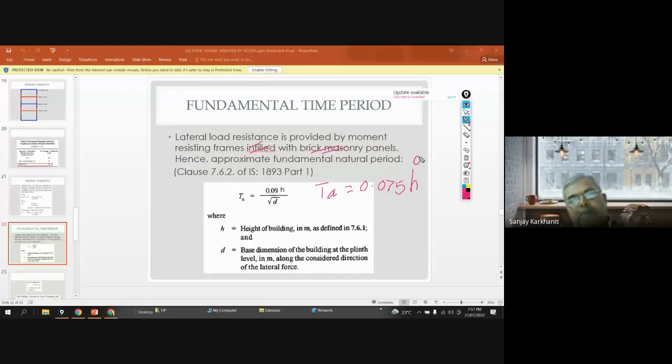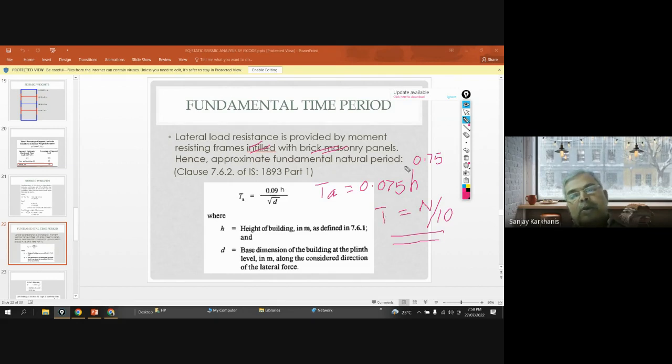Say that approximate formula can be equal to n by 10, where n is the number of stories. So in our case, what will be the TA if you are using this formula? 4 stories divided by 10, so 0.4. So time period, fundamental time period is 0.4.